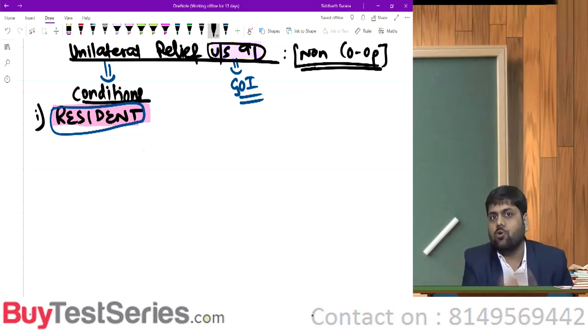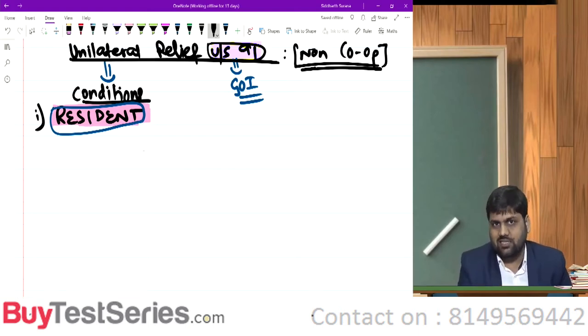The only condition that is applicable is that the assessee has to be a resident. This benefit will be available only to resident assessees. Now please listen to me very, very carefully. It is very easy for me to tell you it is a stipulated condition, you mind your own business, and this is a condition which you have to learn.